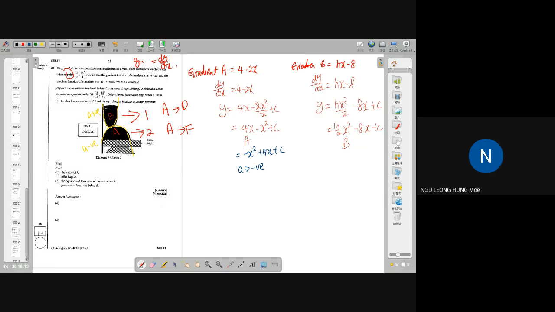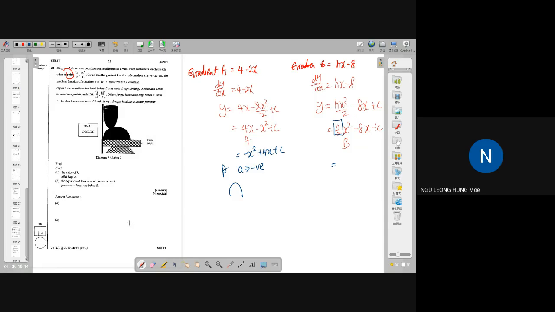This one, of course, we don't know the value of h, but from here we know that container A is this one. So this one is A, this one is B. Okay, Darren? Okay, good.